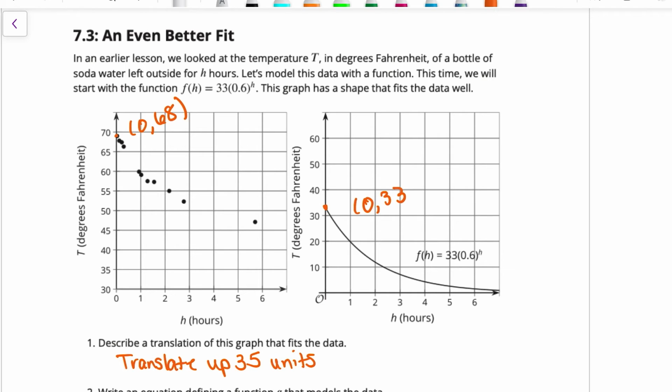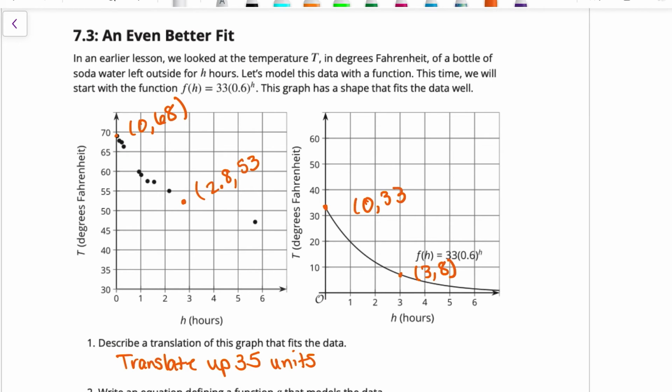Now let's see what that might do to some other points. So we've got this point 3, looks to be about maybe 8. And then here we don't have a point 3, but we have this one that is about 2.8, 53 maybe.